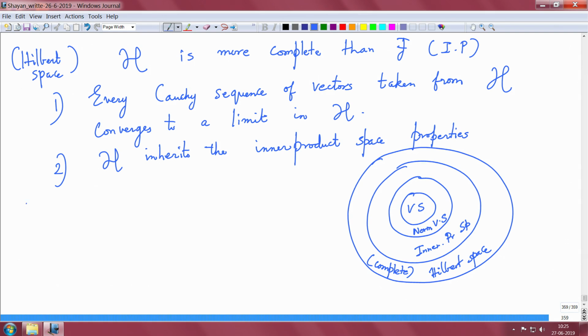Now, there is a subtle issue which I will pinpoint. The question is, are all Cauchy sequences convergent?